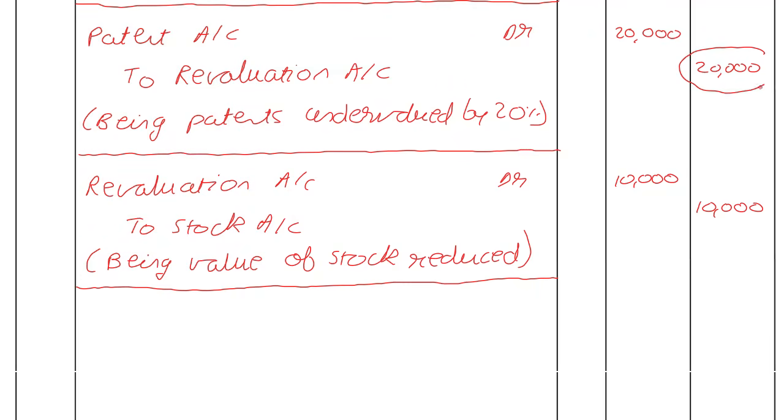Revaluation account has been credited over here and it has been debited over here. Credit 20 and debit 10. So 20 minus 10 is going to give me 10,000, and we have a credit balance in the revaluation account, right? 20,000 credit and a 10,000 debit, so 20 minus 10 gives me 10.